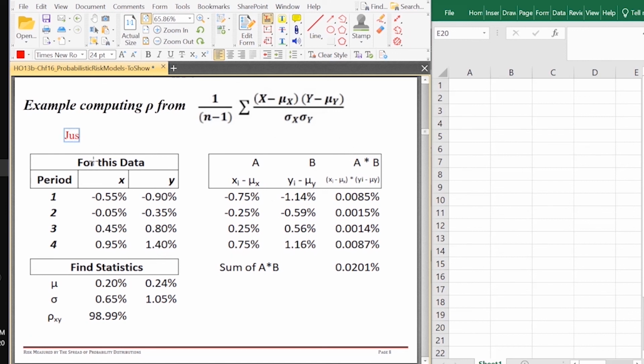So this is just to show you that we can compute rho from returns of X and Y. Again, I'm not going to ask you to do that, but it's possible using this formula up here. And those of you who are super interested in statistics might want to check my work on this one.